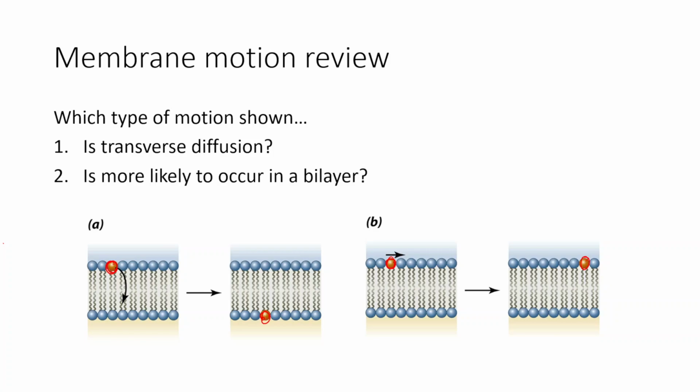First of all, which of these 2 types of motion is transverse diffusion? Yeah, A. Transverse diffusion is when the lipid moves from one leaflet of the bilayer membrane to the other leaflet.